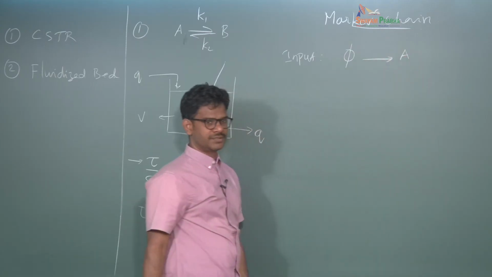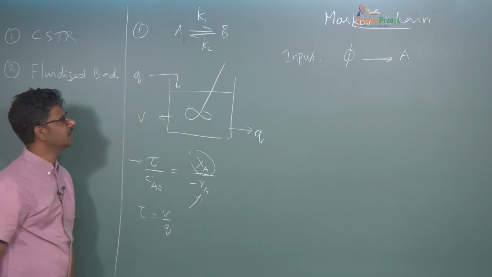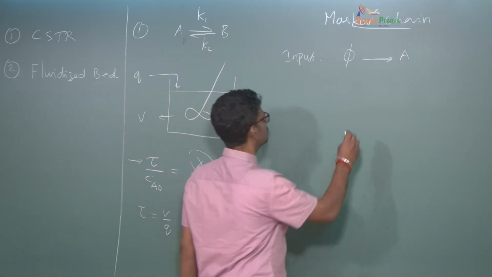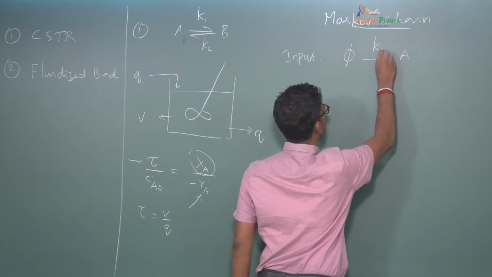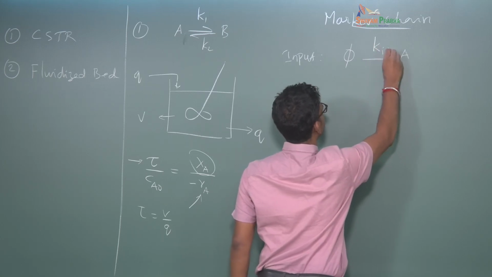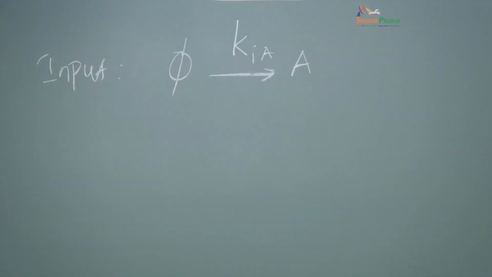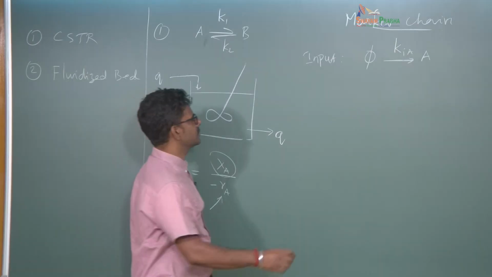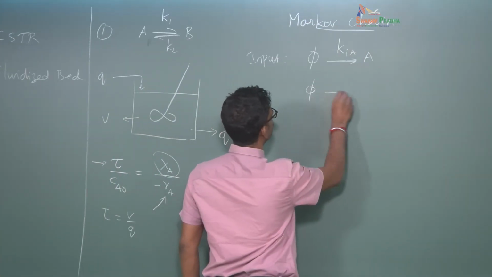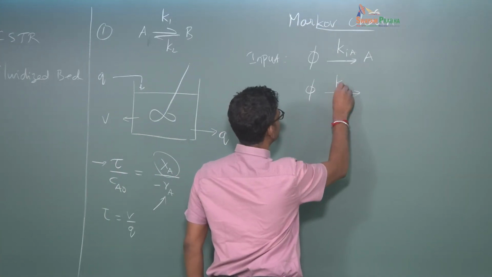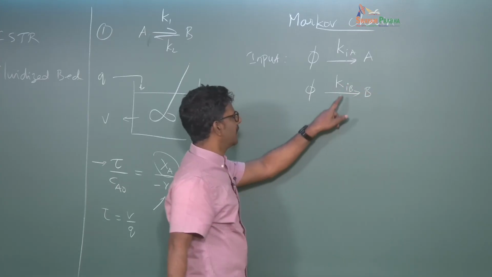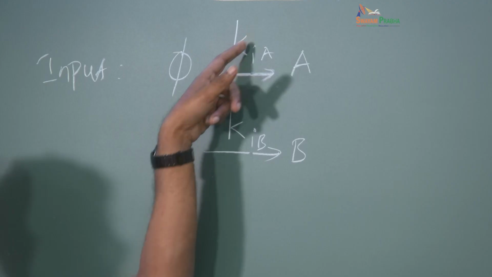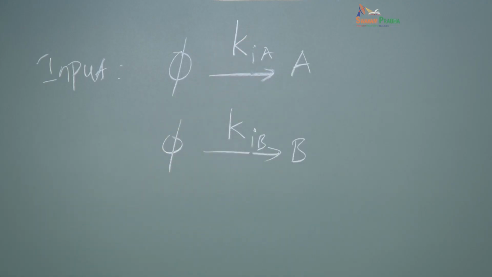So input can be modeled as a zero order reaction with the rate constant, we say K_IA, and not only A comes in, B may also come in. So we have another zero order reaction with K_IB. Here I means input, and A and B mean species A and B.